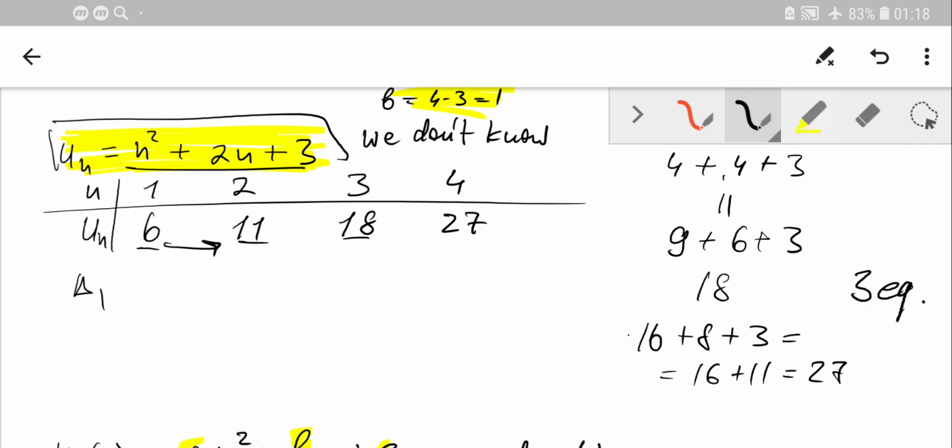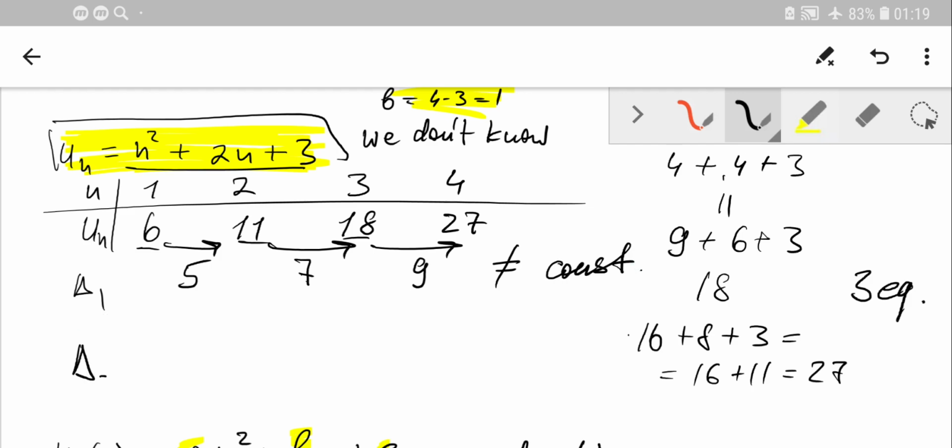So hopefully you understand that the first difference is going to be changing. Let's see, the first difference is 5. So if you move next, there is 7, and if you move next, there is 9. But obviously, it's not constant.